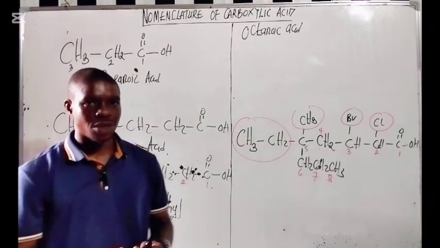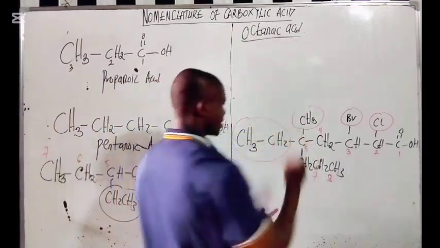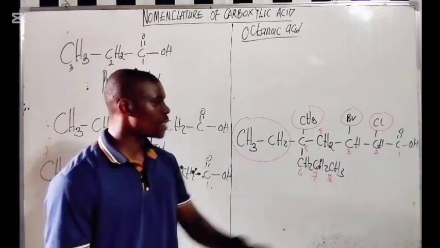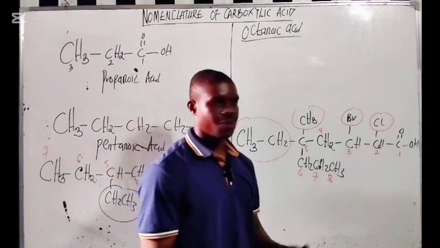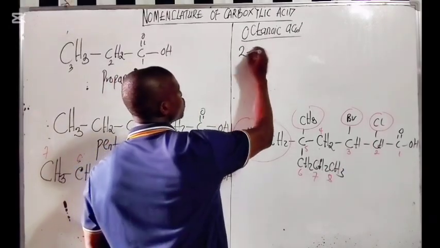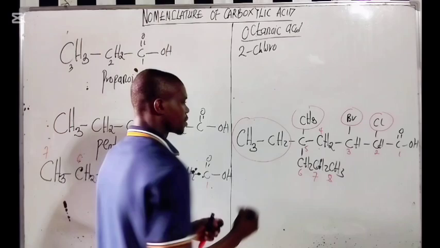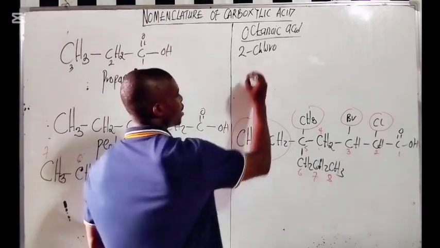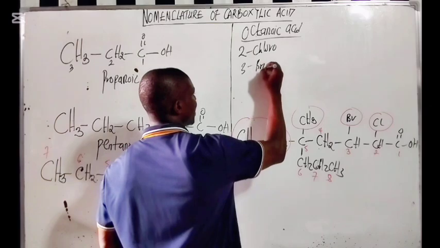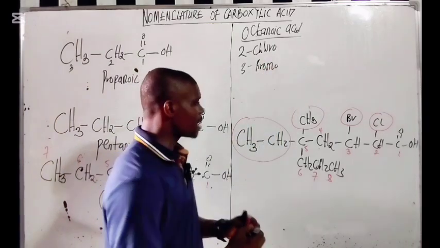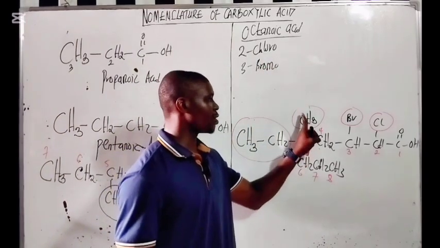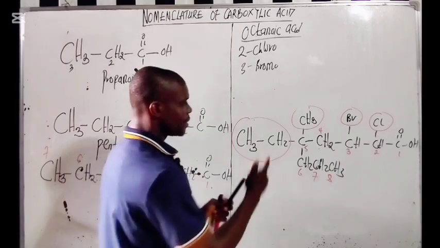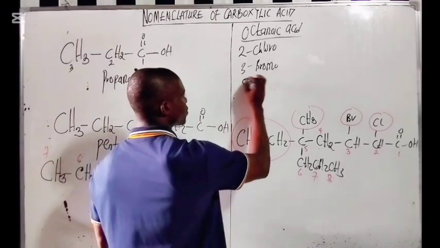If you look at it very well, at carbon 2 I have a chloro group, so it's going to be 2-chloro. At carbon 3, I have a bromo group, so it's going to be 3-bromo. At carbon 4, I have a methyl group, which is going to be 5-methyl.